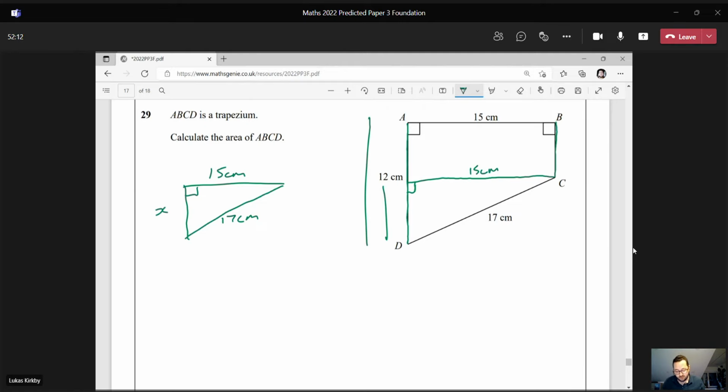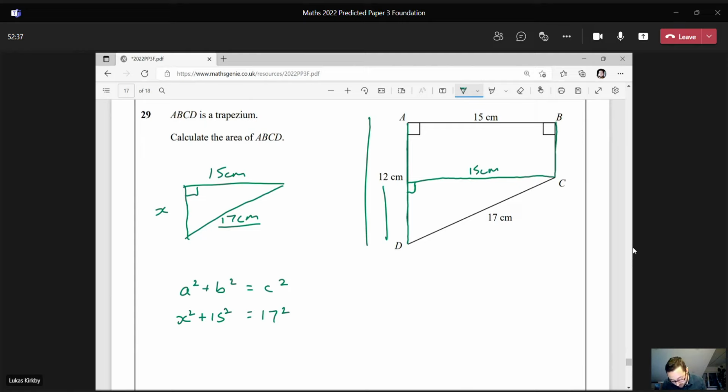So using Pythagoras then, we've got a squared plus b squared equals c squared. C squared is the longest side, the hypotenuse, the one that doesn't touch the right angle, so that is 17 squared. And then the other two, it doesn't matter, so let's write x squared plus 15 squared. Then we want to solve this.